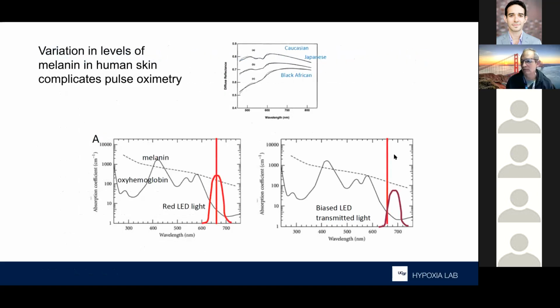So pulse oximeters use light-emitting diodes, which put out red light at around 660. Melanin absorbs in the same path. So what melanin can essentially do, because the LEDs produce a spectrum of light, is basically filter the light and alter the calibration of the instrument. So this can be a big problem with dark skin. Next.